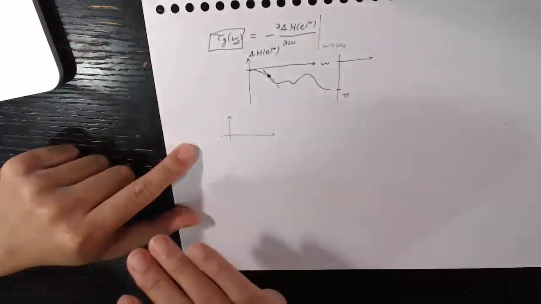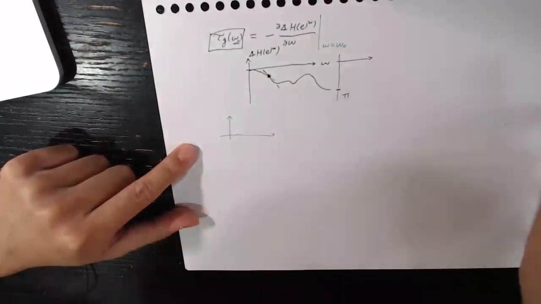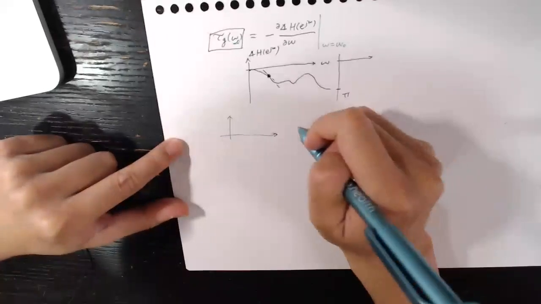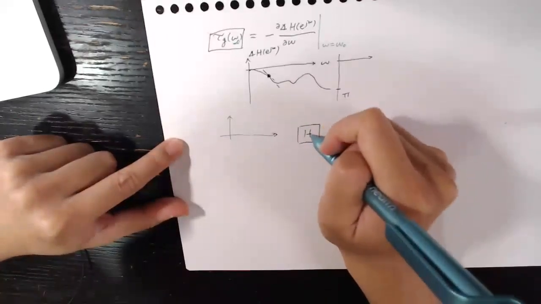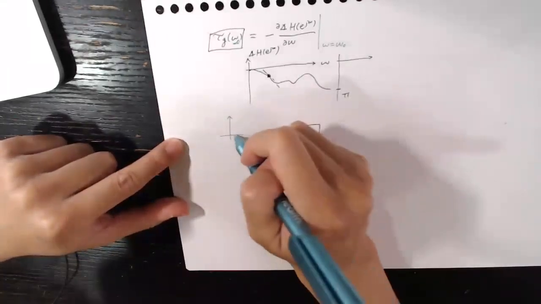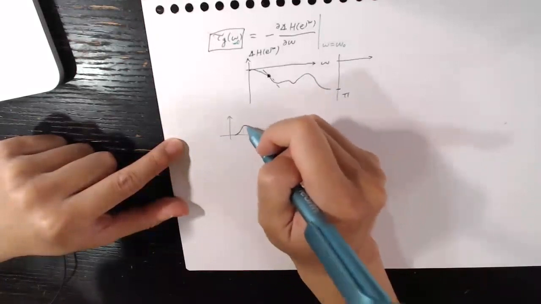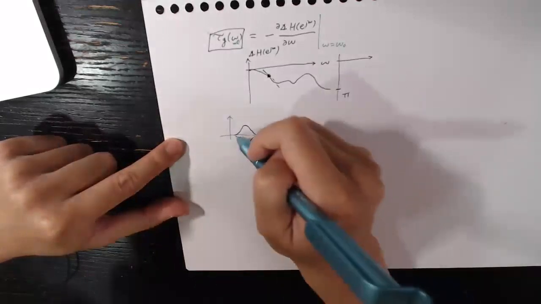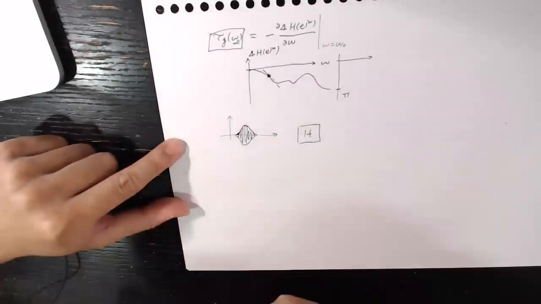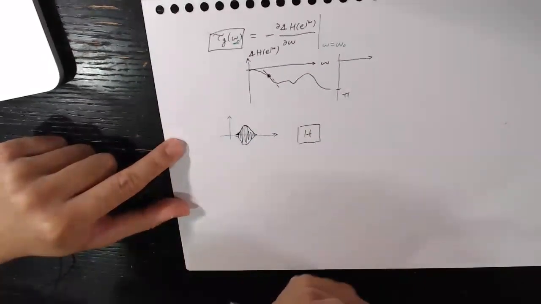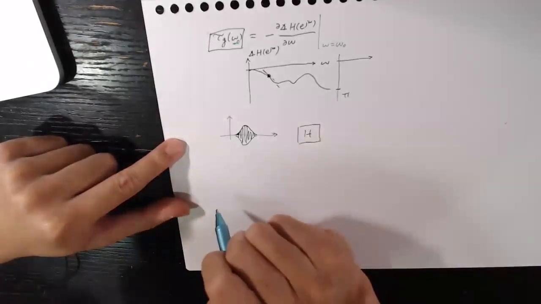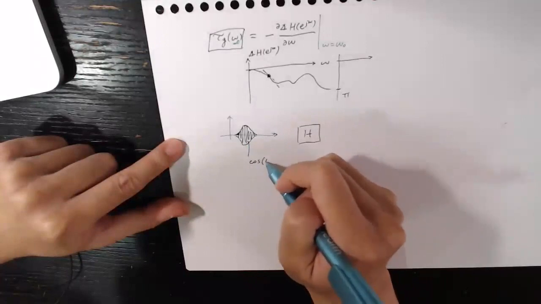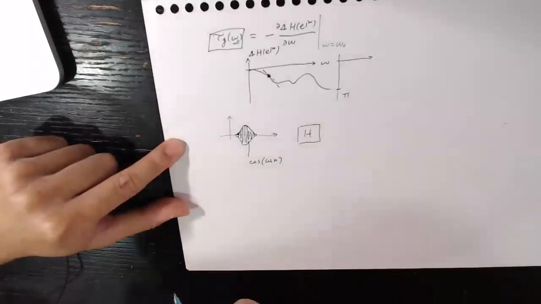Group delay is a function of frequency for the system. It means that if we have the system H, and we are going to send an input signal, which is a wave packet, okay, modulated by an underlying fine structure, the carrier. And this carrier is cosine omega 0 n, okay?